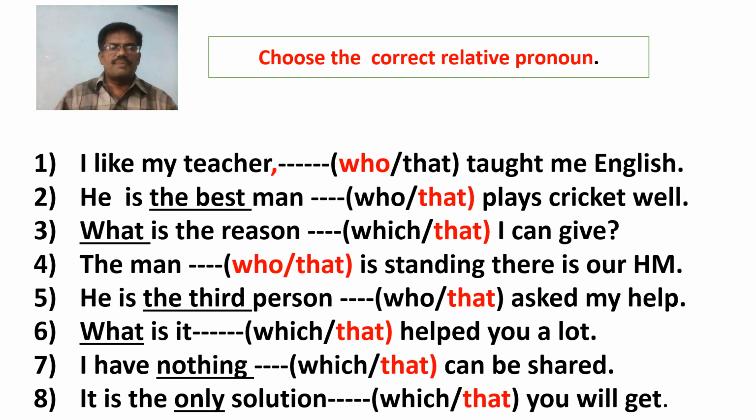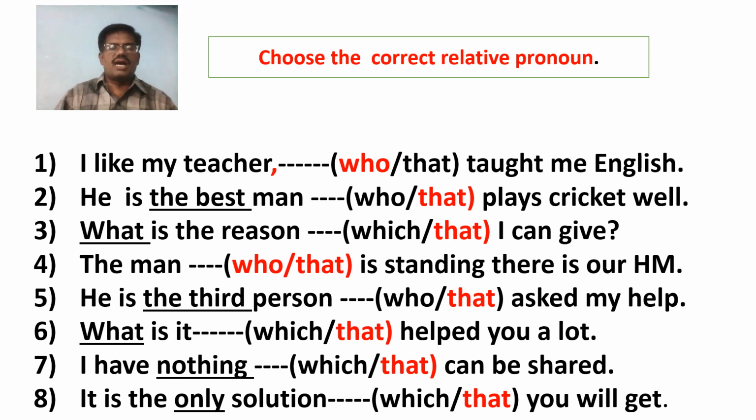In the fourth example, we can use either who or that because it is a defining relative clause. In defining relative clause, we can make use of who or that for persons. So both answers are right. In the fifth example, there is an ordinal number, that is third.